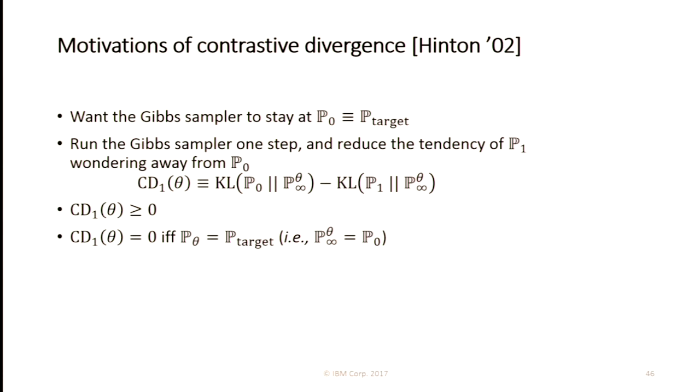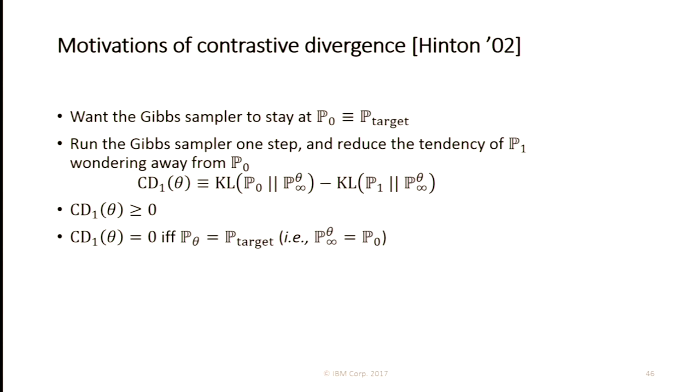So your goal is to keep the Gibbs sampler staying at your target distribution, and you want to choose theta such that this property holds. So you run the Gibbs sampler one step and reduce the tendency of the first distribution P1 to wander away from the initial distribution. This is the motivation of contrastive divergence.